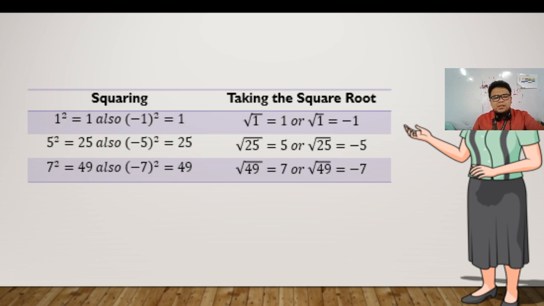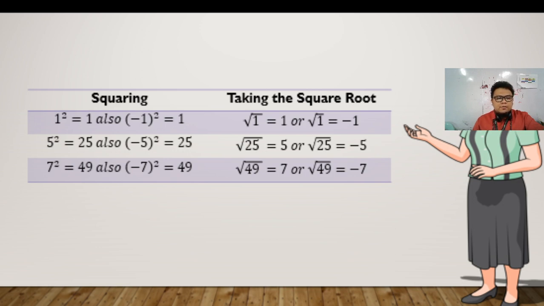In taking the square root, if we look for the square root of 1, two roots can be produced: 1 and negative 1. Again, the square root of 1 is 1 and negative 1. The same with this: 5 squared is equal to 25, and negative 5 squared is also equal to 25.